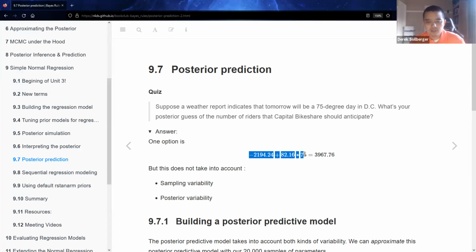Okay, well, we could plug in the 75 into our posterior median relationship and get a number out of it. However, part of the reason why we're taking this Bayesian approach is to take into account sampling variability and the posterior variability.